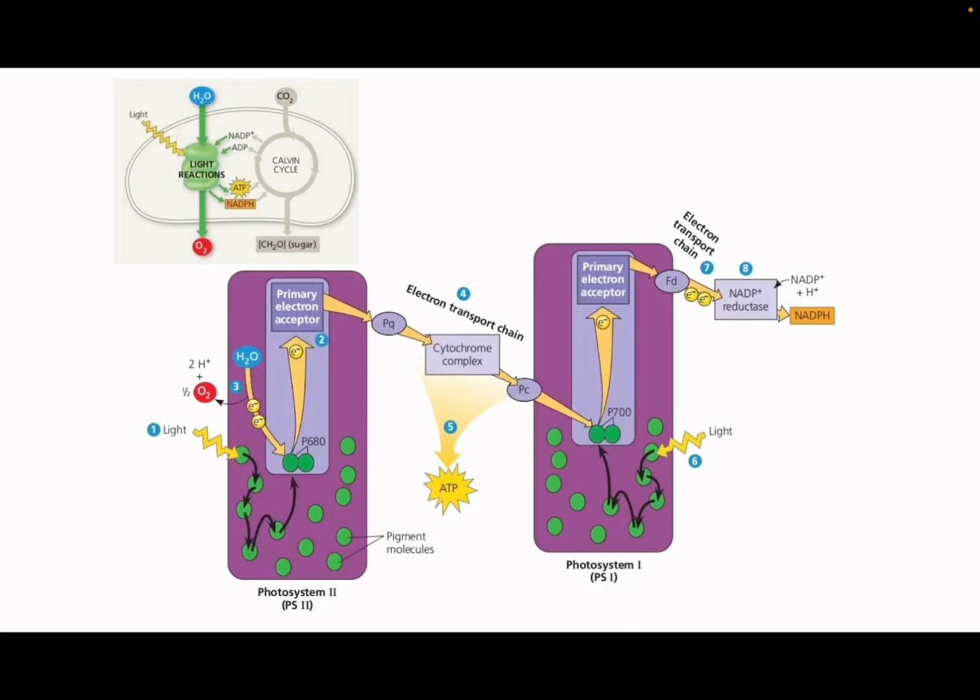The energized electrons are passed from the reaction center of photosystem 2 to an electron transport chain. The electrons lost by photosystem 2 are replaced by a process called photolysis, which involves the oxidation of a water molecule, producing free electrons and oxygen gas. This oxygen gas is a byproduct of photosynthesis.